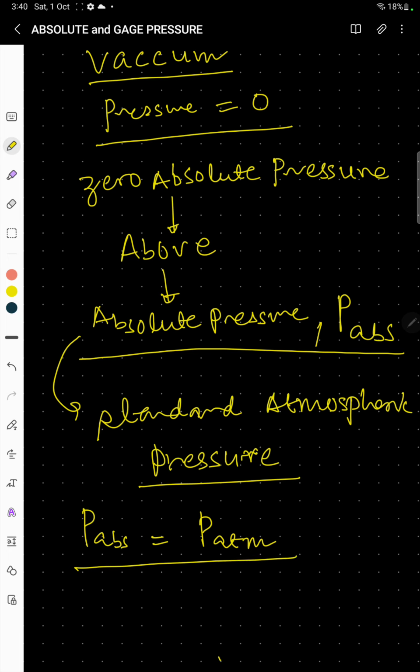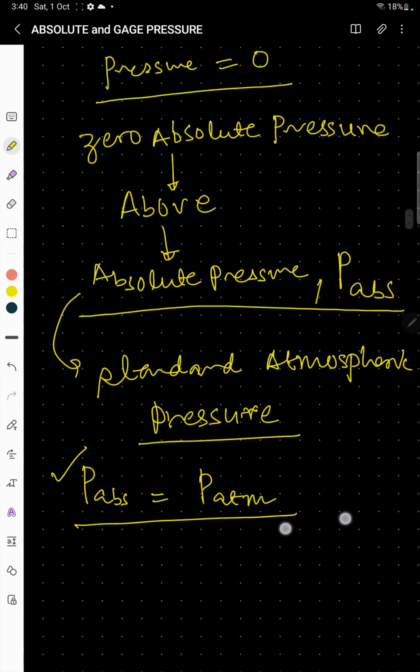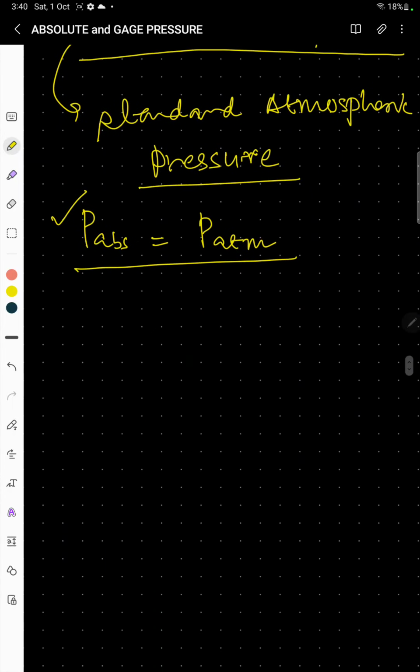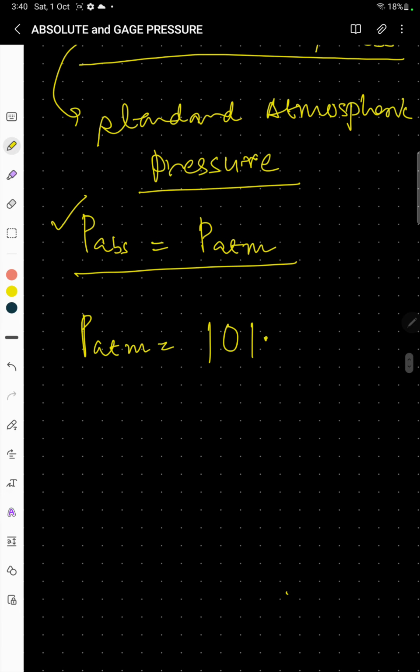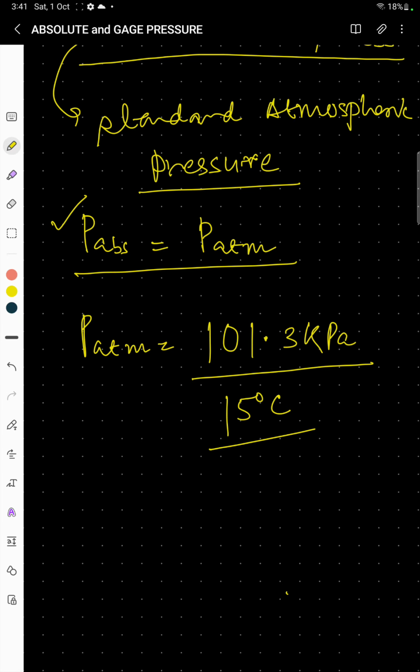You can call this a datum pressure, above which you are measuring. If we talk about what pressure we have to consider as a standard or reference one, P atmospheric as a standard value is 101.3 kPa, and please note down that this is at 15 degrees Celsius temperature. So if the temperature changes, this P atmospheric will also change.